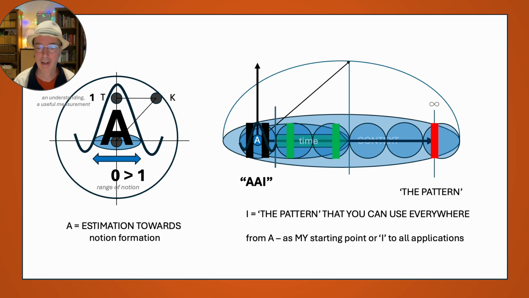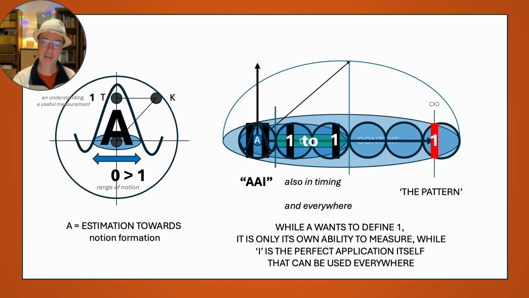From A, I will use my starting point for all applications. And when I succeed, I also have the I. Then I have a pattern that is useful and everybody understands me, because I have a description within a range that everybody can understand and apply. I don't have it too wide, I don't have it too narrow. It's more or less usable in my space of references to communicate and to use as a general context.